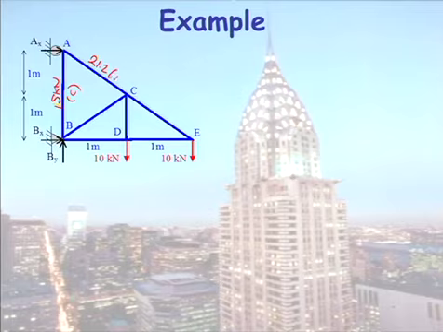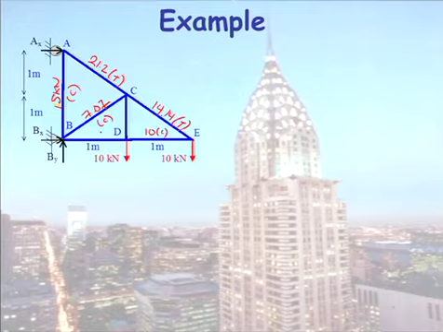And this is what you are going to do for your project, so pay attention. You are going to do your method of joints, and writing a little bit neater than me, you are going to draw a lovely diagram of your structure, of half your structure if it's symmetrical.